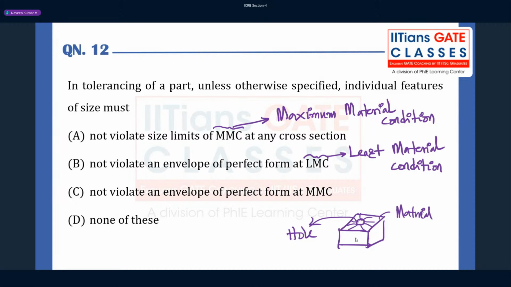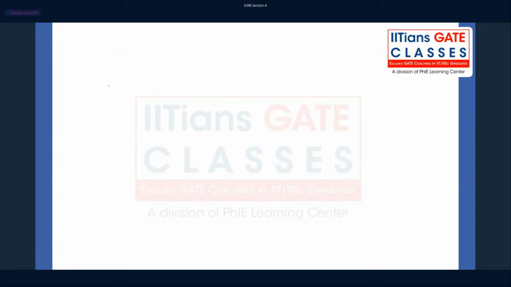So if you have gone through the concept of tolerancing, or geometric dimensioning, or whatever it is, there is a principle called the envelope principle. Okay. What does this envelope principle say?